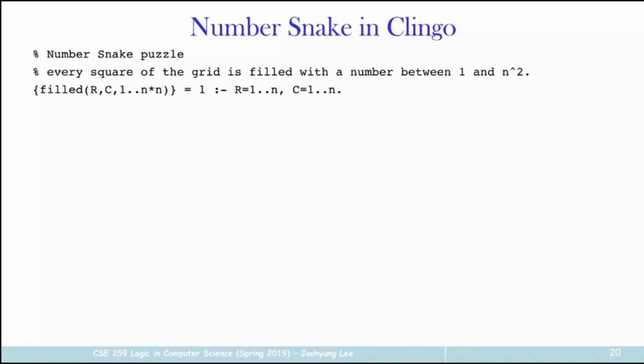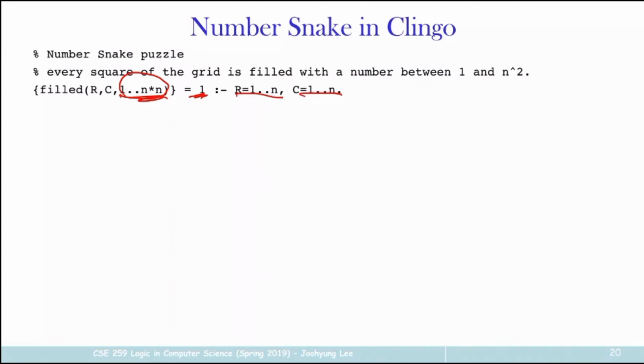So this is the global variable. When you fix the value of R and C, you have to place exactly one number from this range into that position.